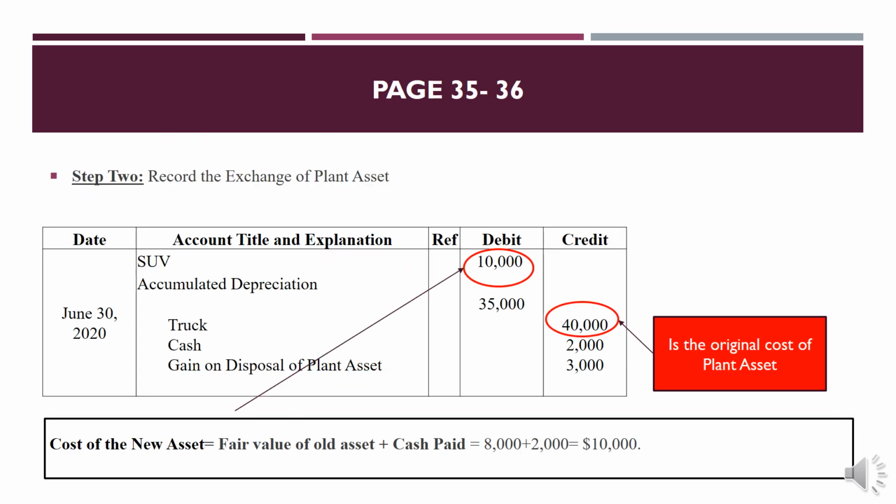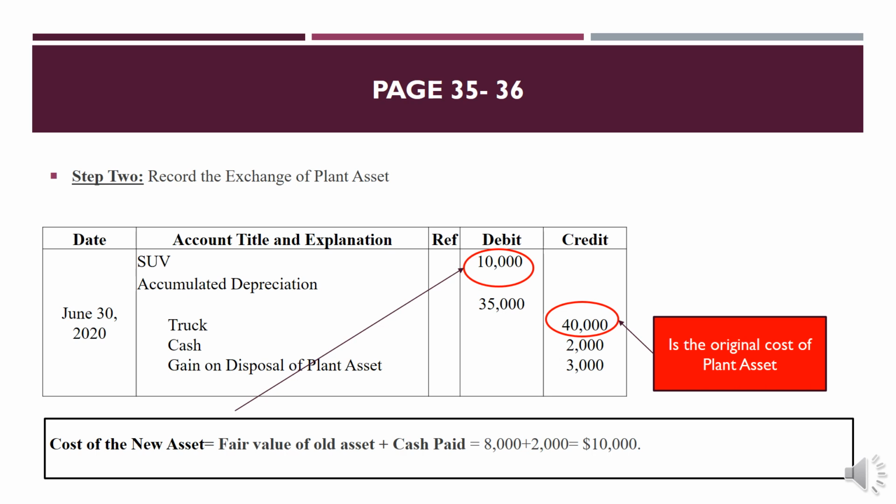We need to record the exchange of plant asset as we did in the retirement or in the sale. The first step, we need to credit the plant asset being disposed, which is the truck in this case, by its cost, which is $40,000. We need to debit the accumulated depreciation, which is $35,000. Here in the exchange, the company paid an amount of $2,000 as cash. So the cash in the company is decreased, and so we need to put it in the credit.